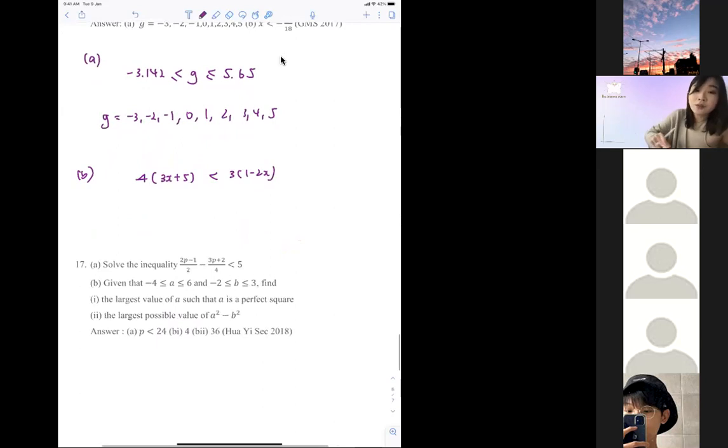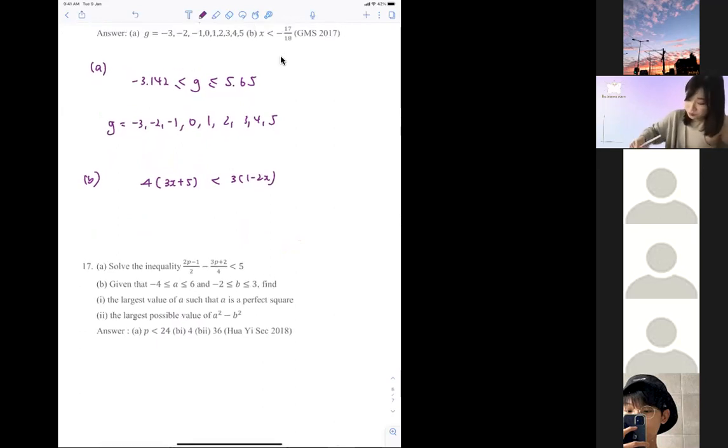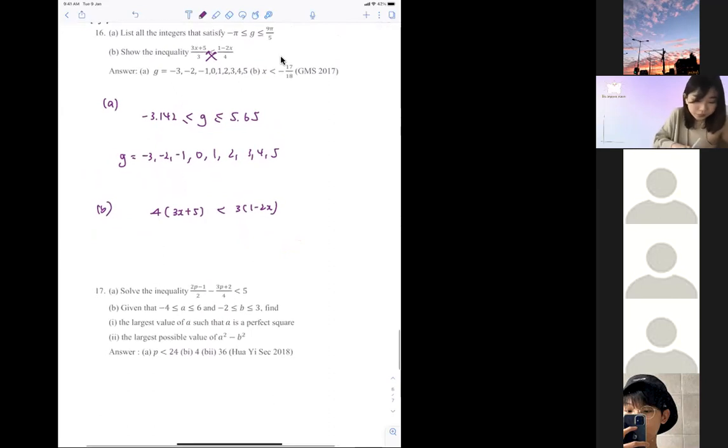X one side, x on the left, non-x on the right. X one side, non-x one side, divide by 18, don't need to flip the sign, it's positive. You get the answer.